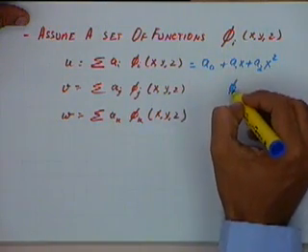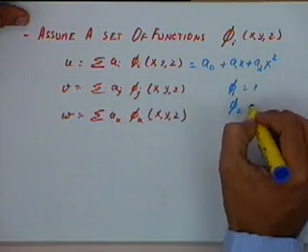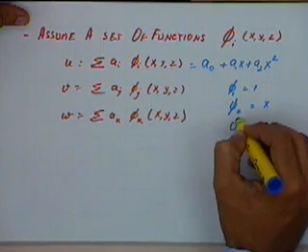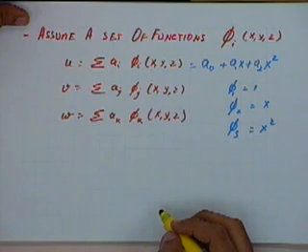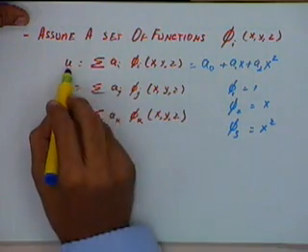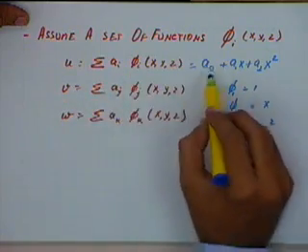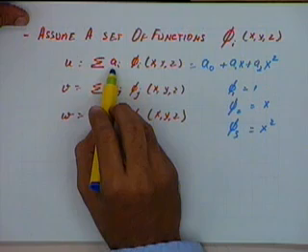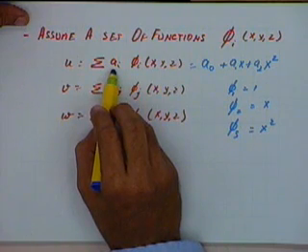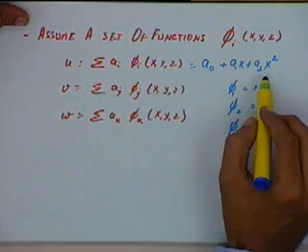I will write it here, phi 1 is equal to 1, phi 2 is equal to x and phi 3 is equal to x squared. So my u is given by a combination of 3 phi i's which are 1, x and x squared, and the constants of these parameters ai are a0, a1 and a2.